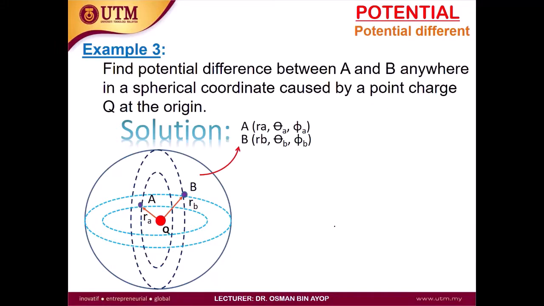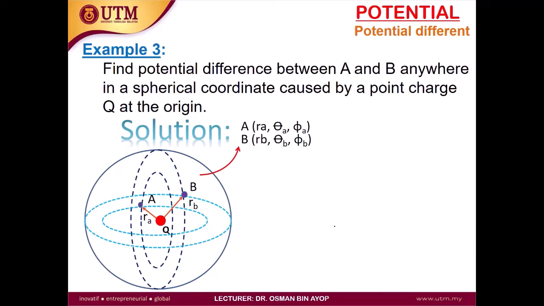We can write the coordinates of A and B as RA, theta A, phi A, and then we have B: RB, theta B, and phi B. So the coordinate is a function of radius, theta, and phi.